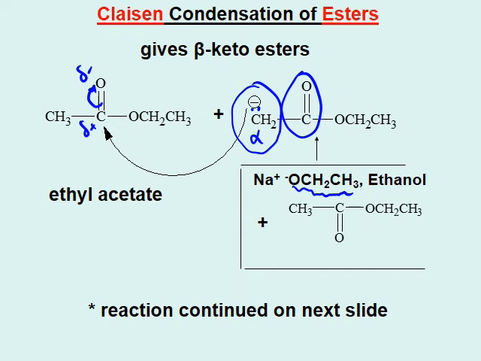That's the first step of the reaction you need to think about. And eventually the C double bond O, when it re-forms the double bond, gets rid of the OCH2CH3 group, and we're going to show that in the next slide.